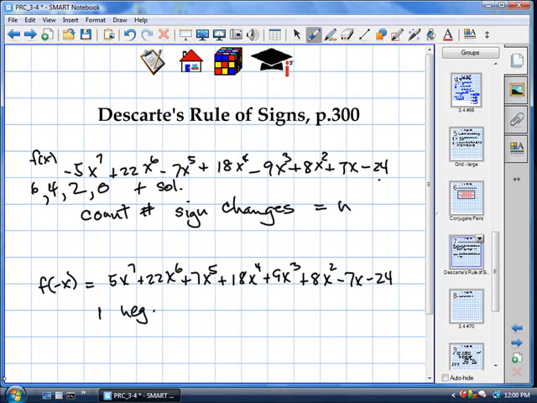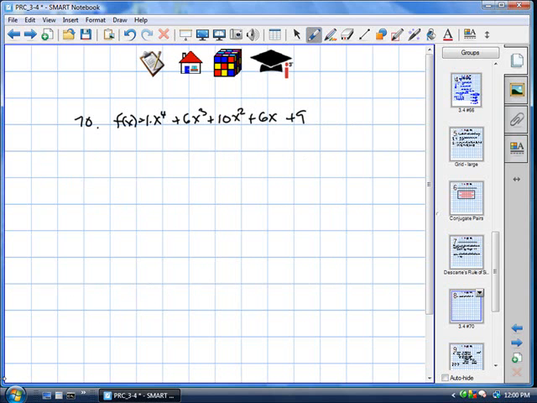Okay? Now, let me show you how to put this together. I know this is kind of overwhelming at the moment, but let's just dive in and do an example, okay? Let's start off by doing Descartes' rule of signs. This is the way I recommend you do it. You make a little chart and say positive, negative, and then we're going to leave a column for imaginary.